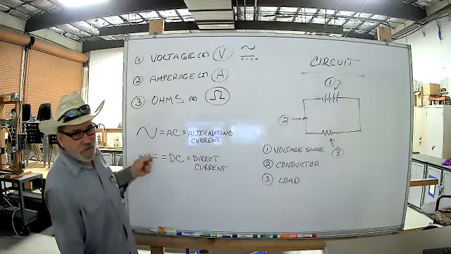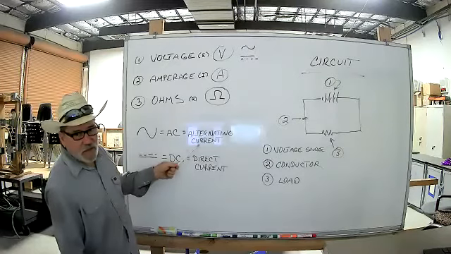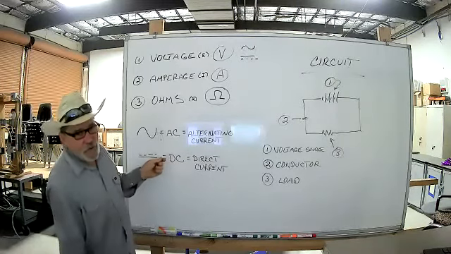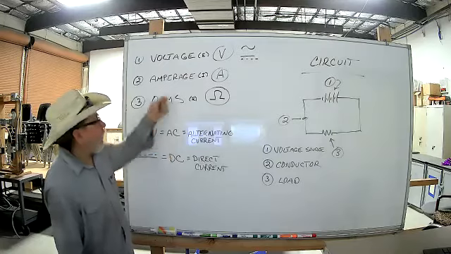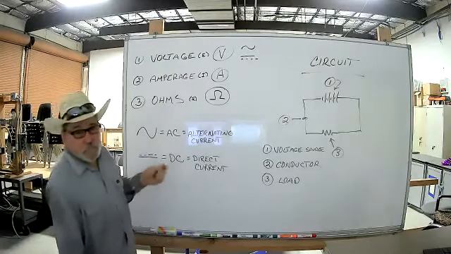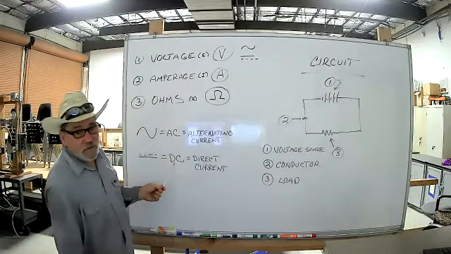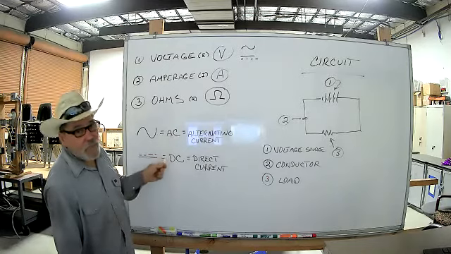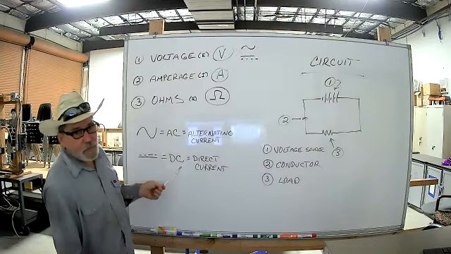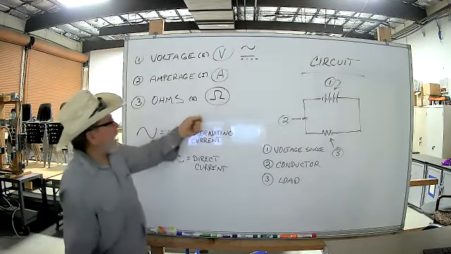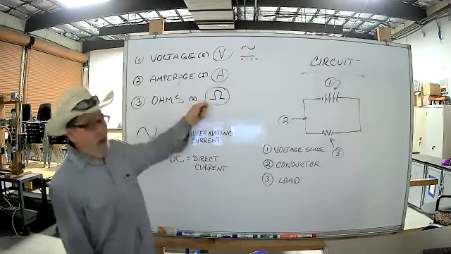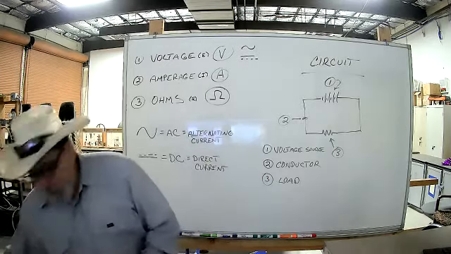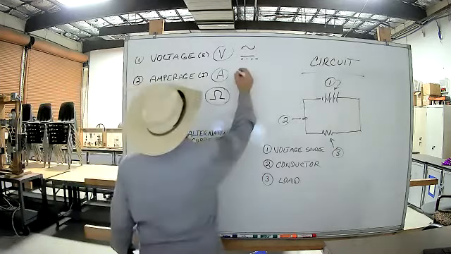So this means AC, alternating current, and you can measure alternating current on the voltage like we showed, or DC voltage or AC voltage, okay? AC amperage, either way.